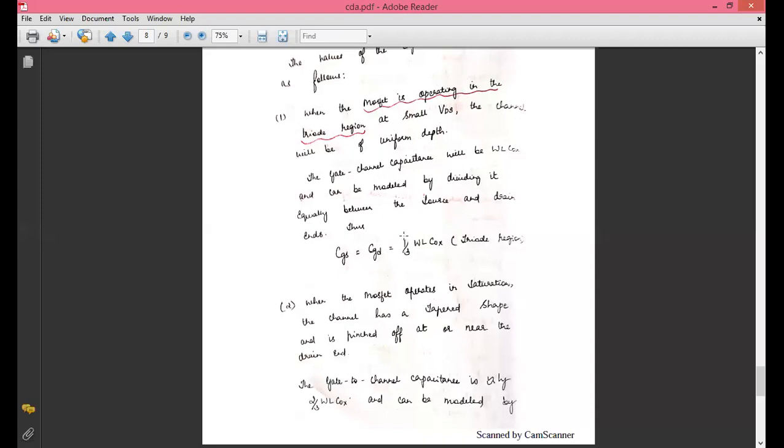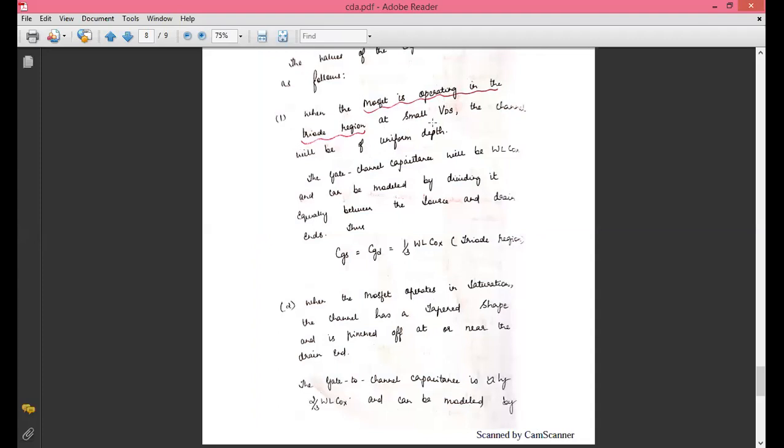So what will be the value? Usually it will be equal to 1/3 the total area. I repeat, the MOSFET usually operates in three regions: triode region, saturation region and cutoff region. In each region, different capacitance effects will be present. So first we are considering the triode region.